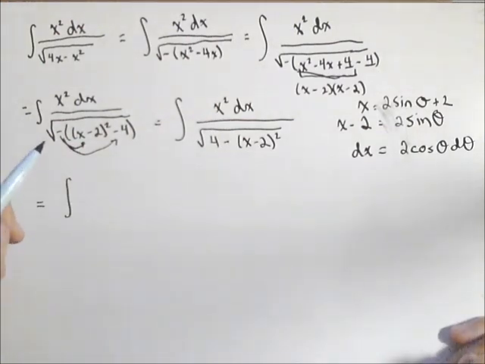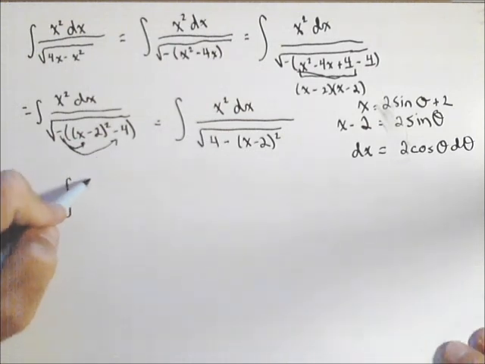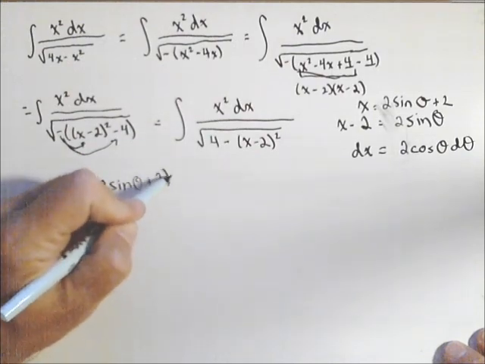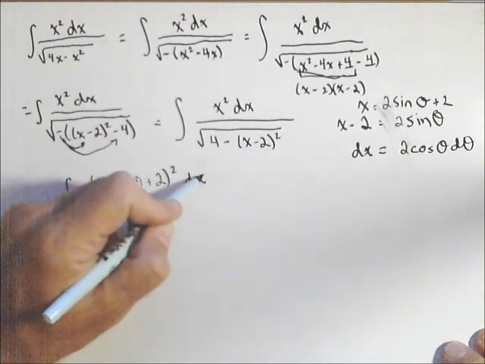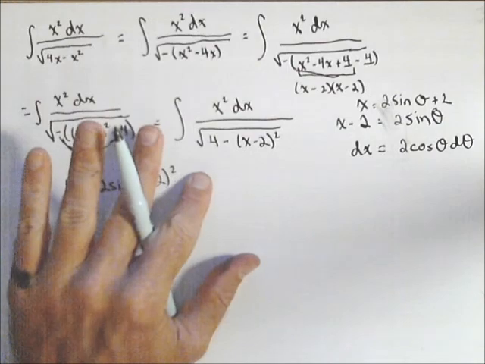Okay, so let's plug some stuff in. So first off, for x, we have 2 sine theta plus 2, the quantity squared dx on top. But we're subbing out our dx, so let's go ahead and get rid of that.